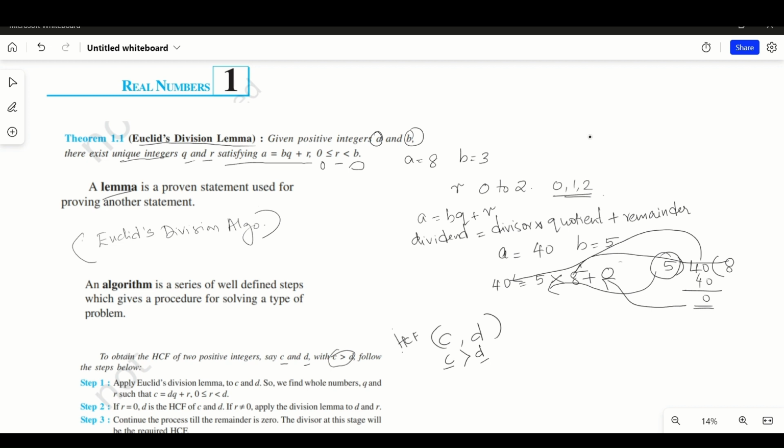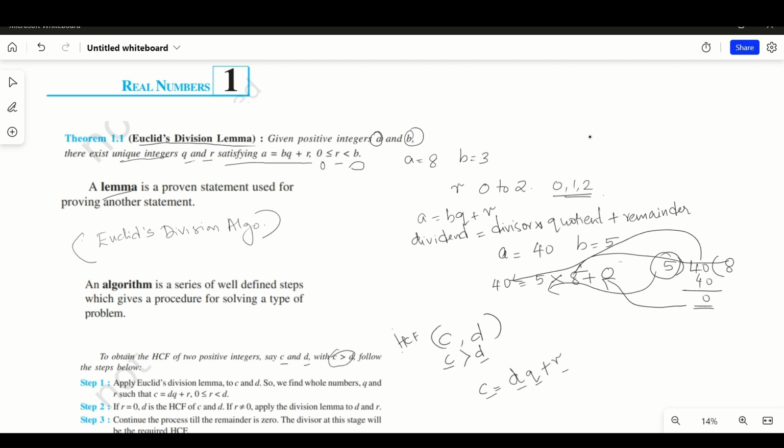We can follow these three steps. The first step is to apply Euclid's division lemma to C and D, so we find the whole numbers Q and R. The lemma equation is C is equal to D into Q plus R, where Q is the quotient, R is the remainder, D is the divisor and C is the dividend.